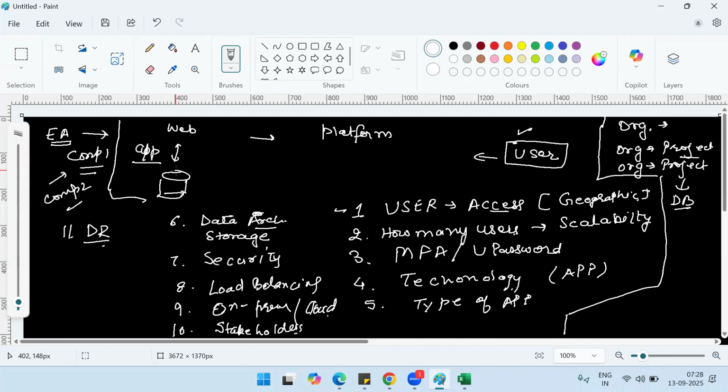Those representatives you can call a manager. Now tell me, is the business analyst on the client side or the IT team side? Client side.